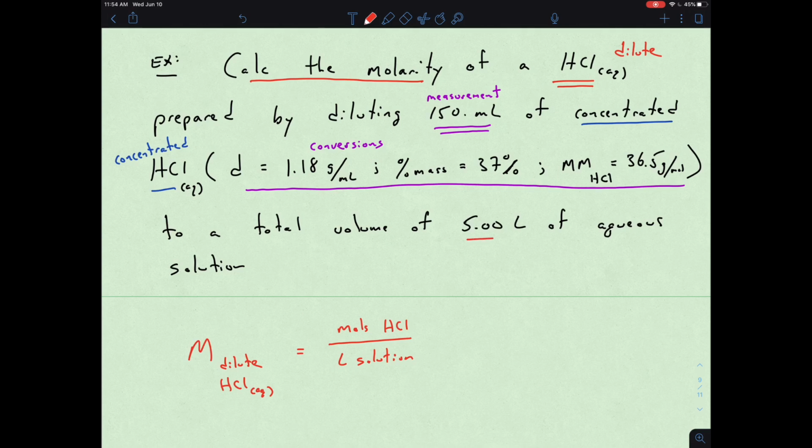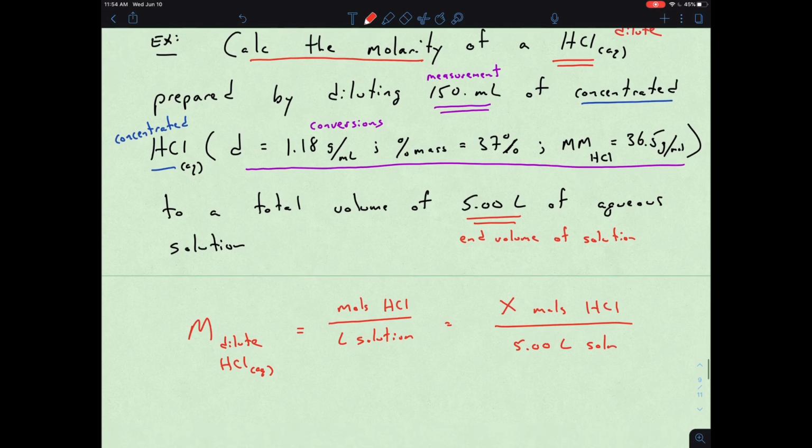And we actually already have that, end volume of solution being 5 liters. So what we have to figure out is our moles of hydrochloric acid, because we already know our solution volume is 5 liters.